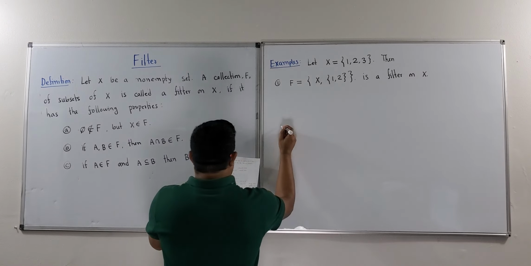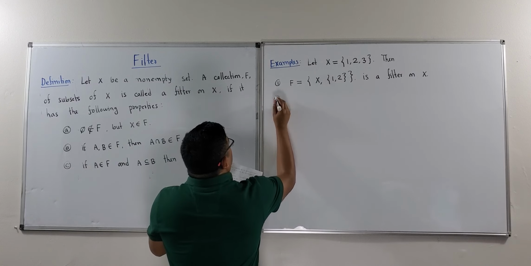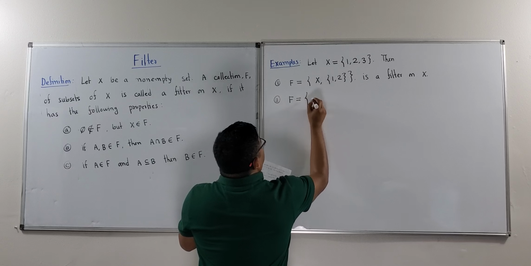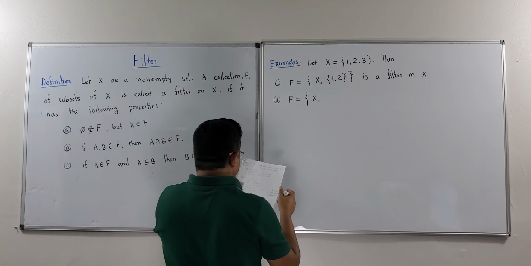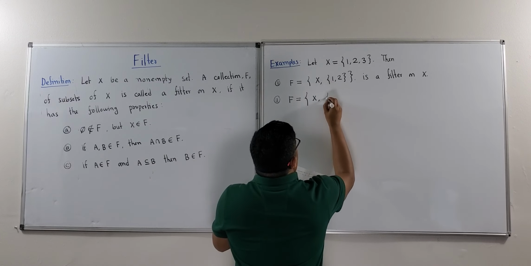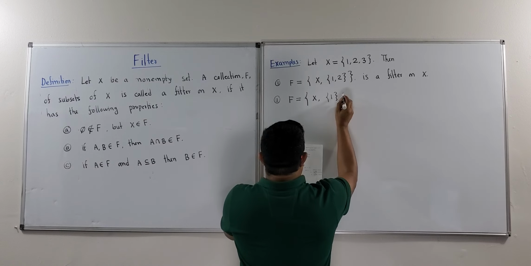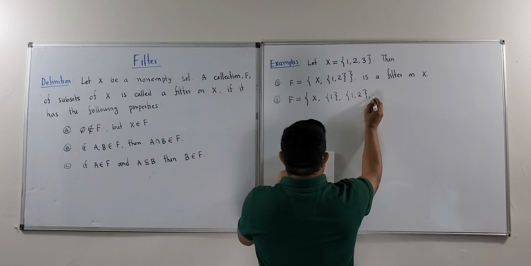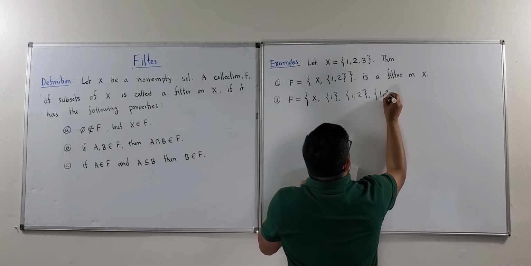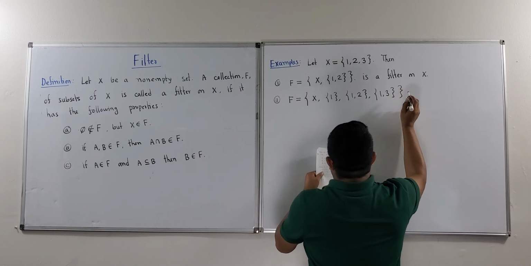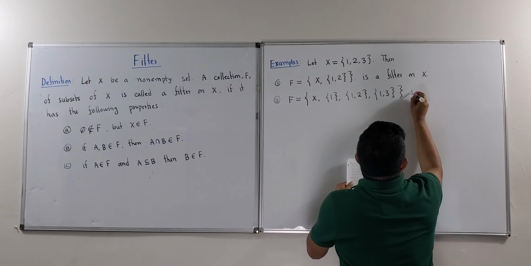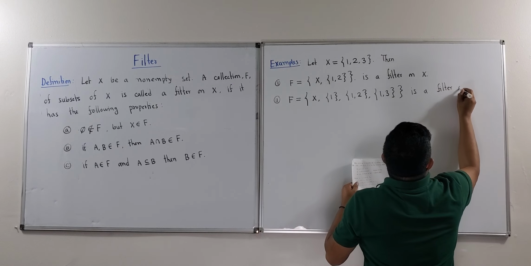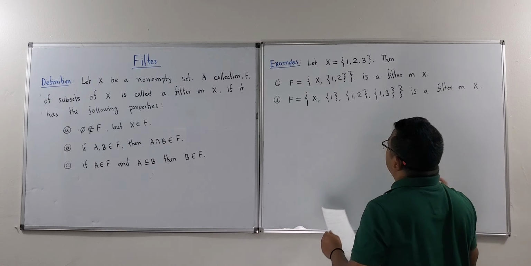Now for the second example, if we consider F equals the whole set X, then {1}, {1, 2} and {1, 3}, then this is also a filter on the set X. Why?